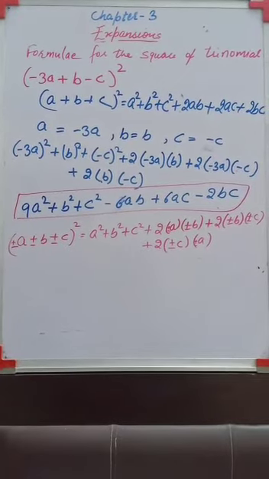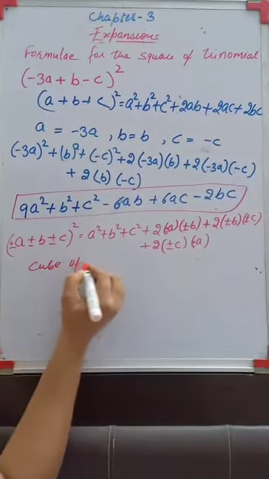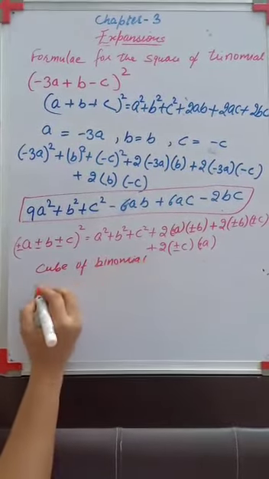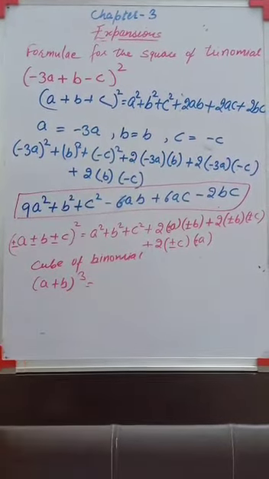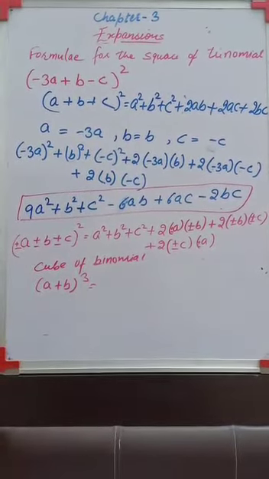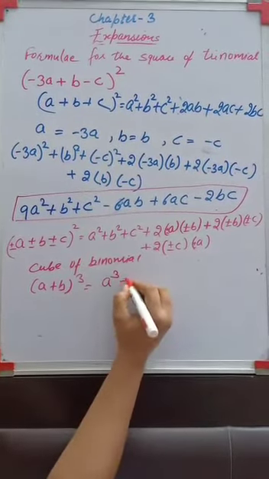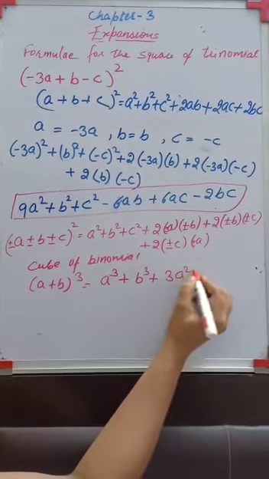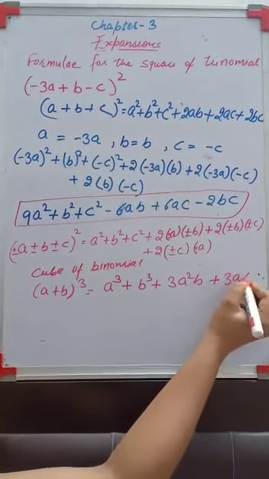Next comes the formula for the cube of binomial. Cube of binomial means to say, for example, (a plus b) whole cube. You need to remember the formula that (a plus b) whole cube is equal to how much? It is a cube plus b cube plus 3a square b plus 3ab square.